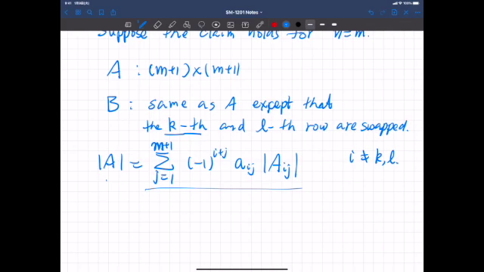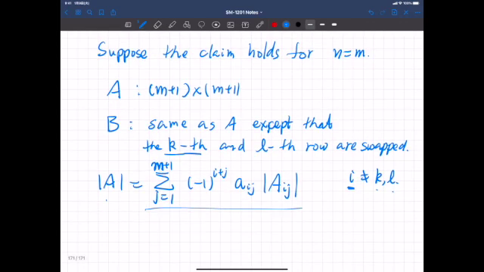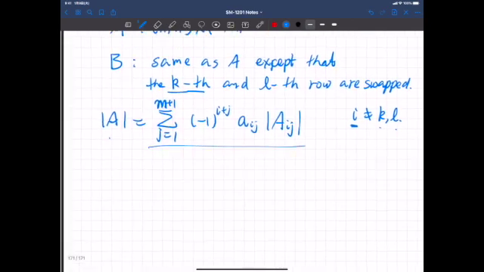Okay, so we could choose this I other than k or l. Okay, this is possible if m is greater than 2, right?